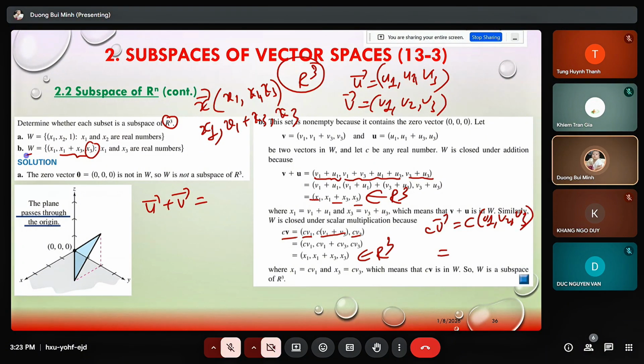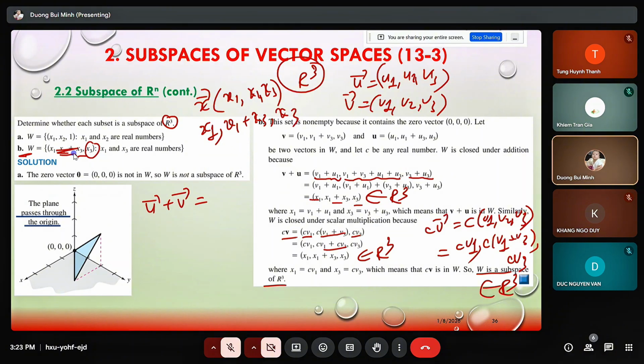And then we apply this, you get cV1, comma, cV1 plus cV3, and the last element is cV3. So it belongs to R3. Okay. So W is a subspace of R3. Do you understand? Pretty easy, you know.